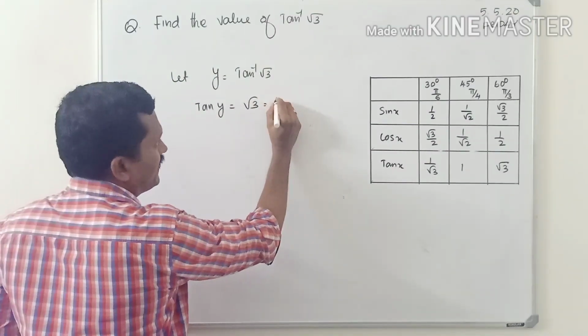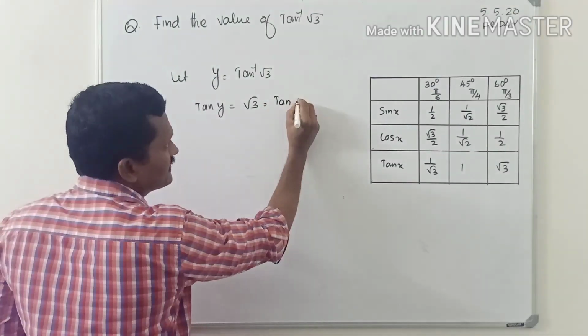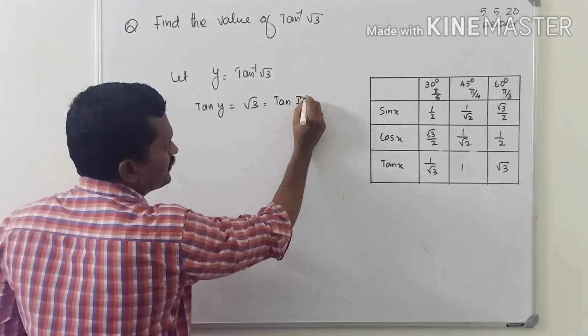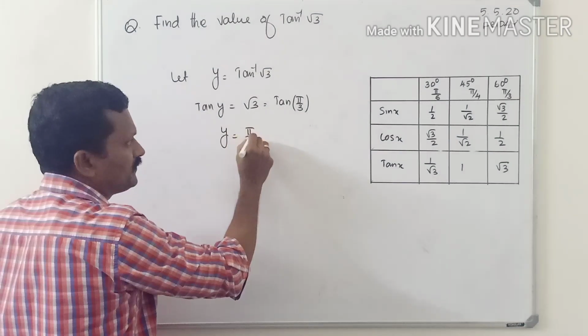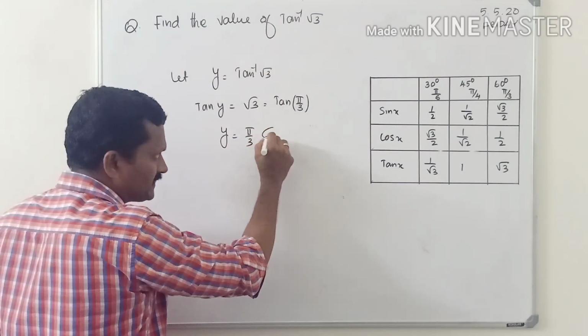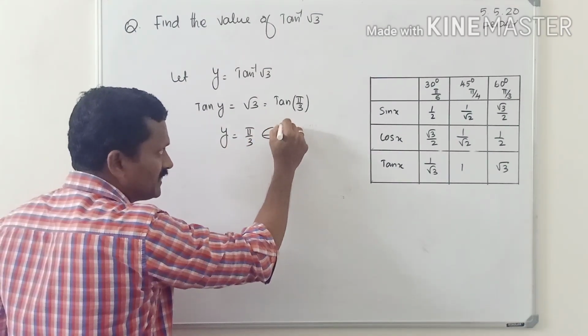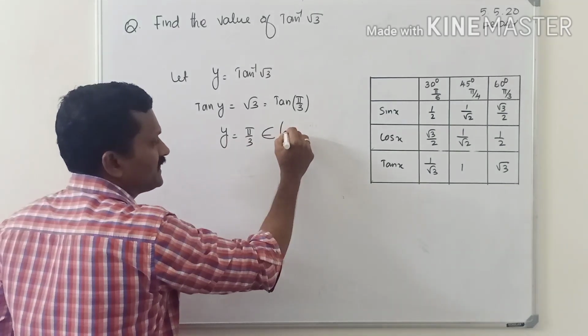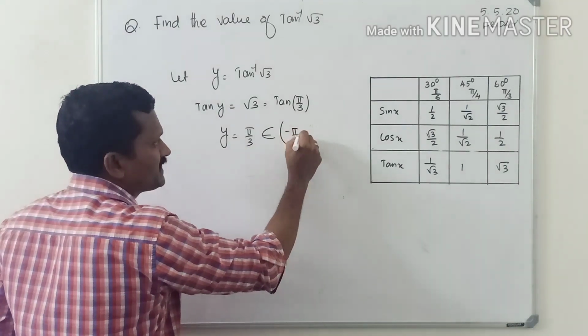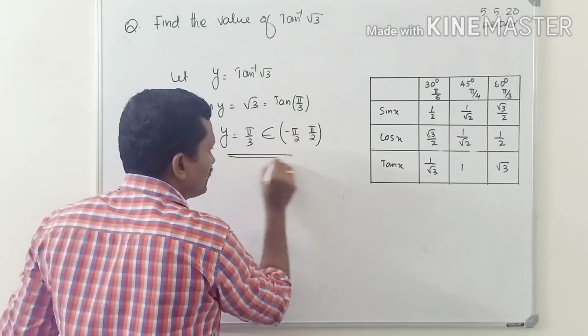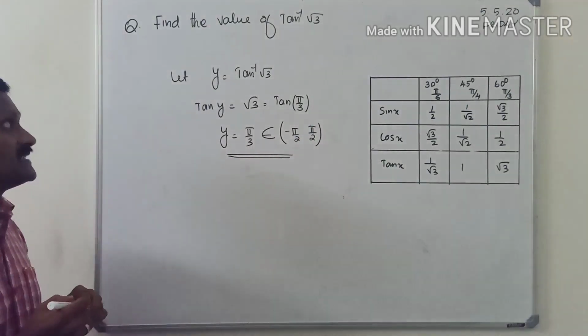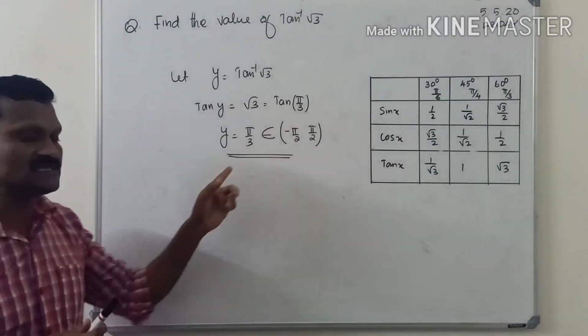So root 3 can be written as tan 60 or tan pi by 3. Therefore y equal to pi by 3. This pi by 3 clearly belongs to the range of tan inverse x, that is open interval minus pi by 2, pi by 2. Therefore principal value of tan inverse root 3 is pi by 3.